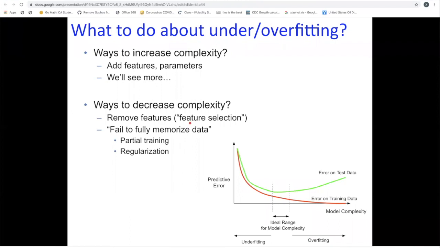So of course, the better way is just to throw away these features, right? That's one way of dealing with this. The question is: how can I decide which features I should keep and which I should discard? That's called feature selection here, and it will be used to decrease complexity in your models.